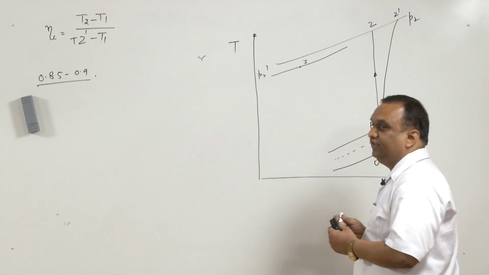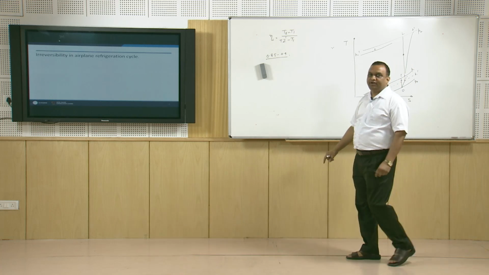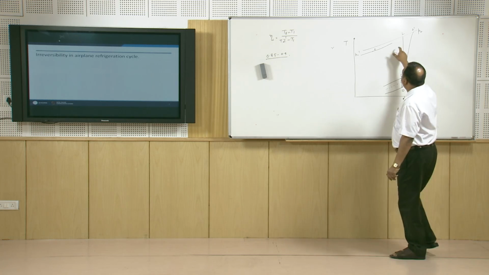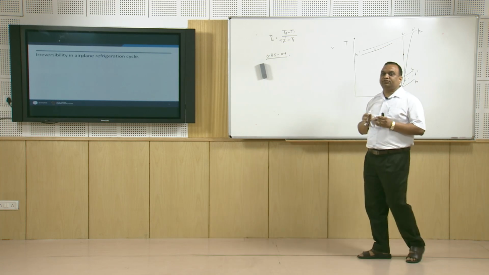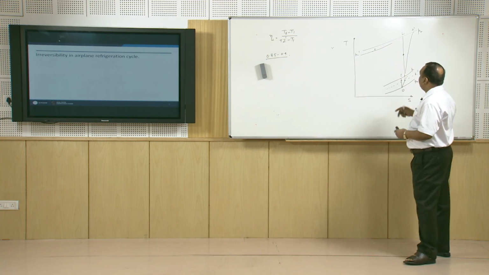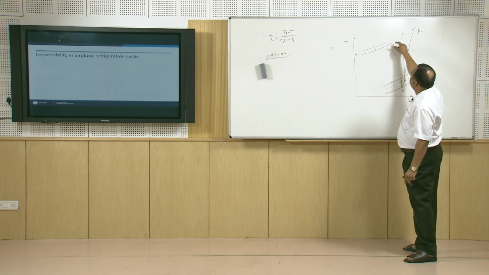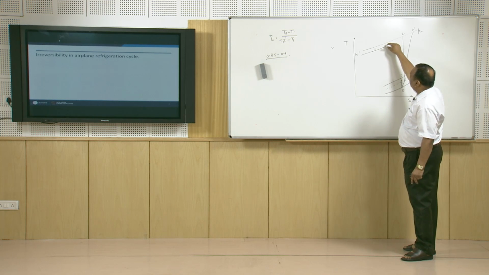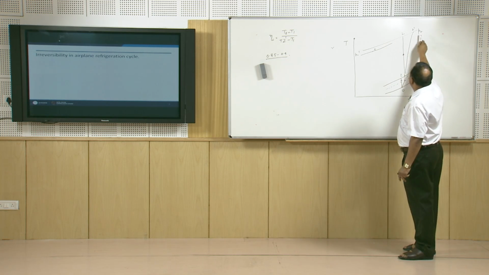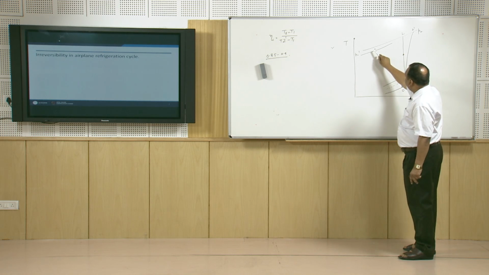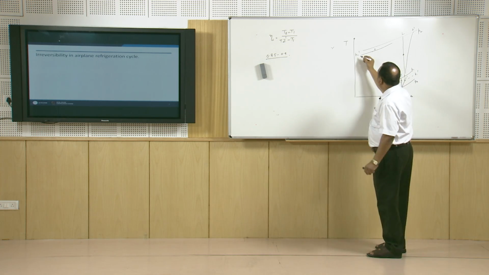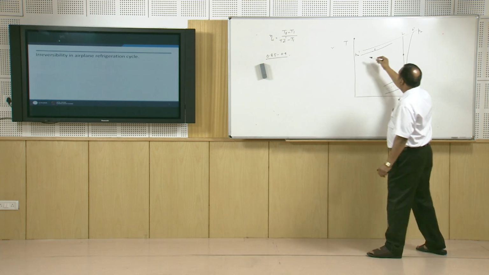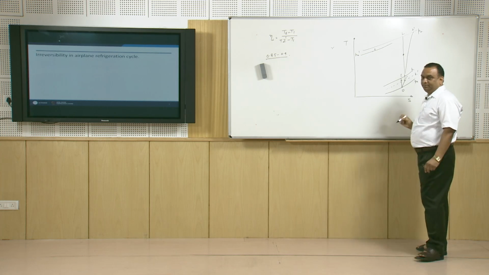It is supposed to be a constant pressure process, but since the gas passes through the heat exchanger and through the pipes also, there is certain pressure drop during this process. So, instead of getting state 3 at pressure P2, we attain it at a pressure P2 dash, which is slightly less than the pressure P2.